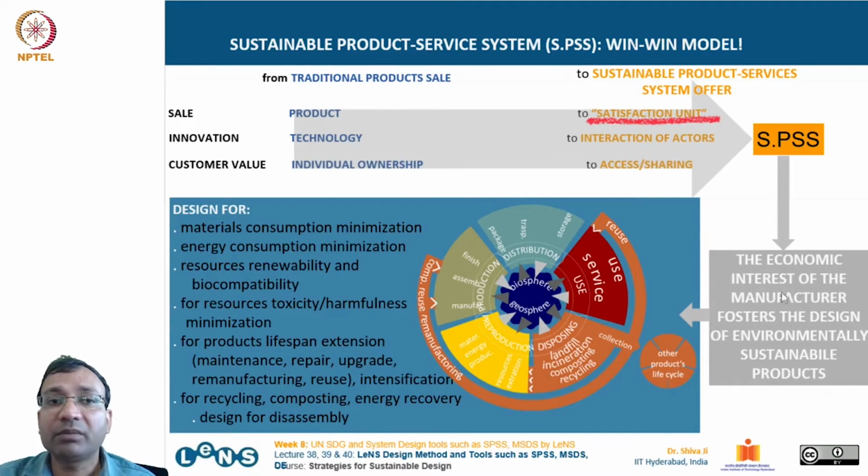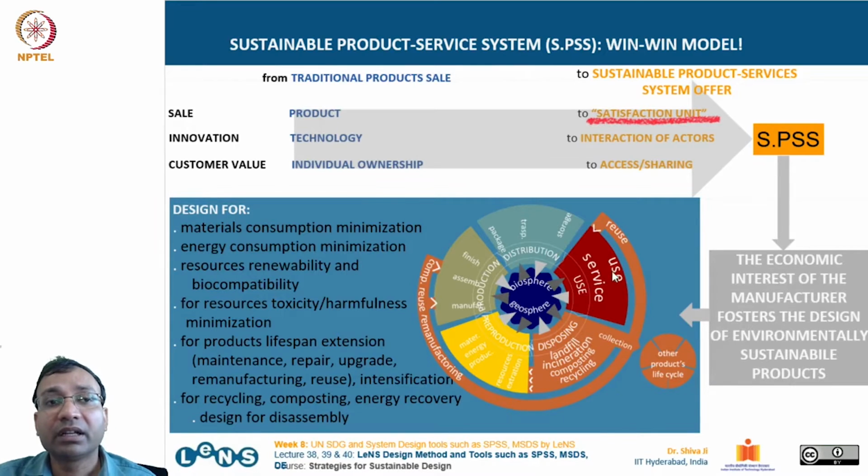So the economic interest of the manufacturer fosters the design of environmentally sustainable products. This is how the company becomes responsible for the longer period of usage or consumption of that particular product. So of course they will be maximizing the efficiency and the longevity of the products. This in turn means several sustainability strategies can be achieved.